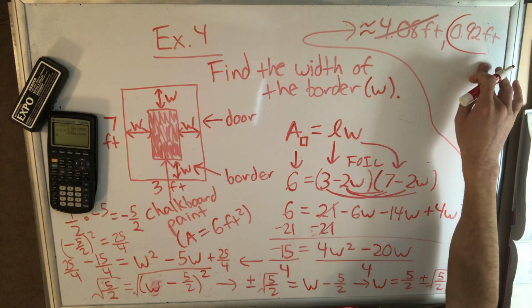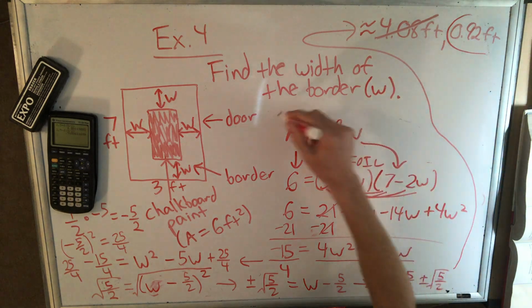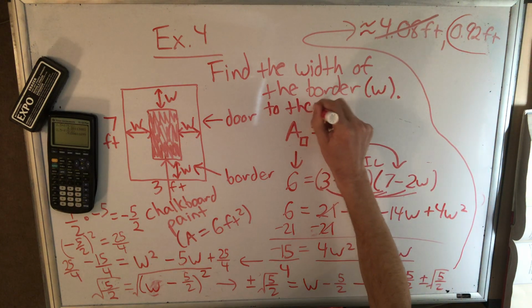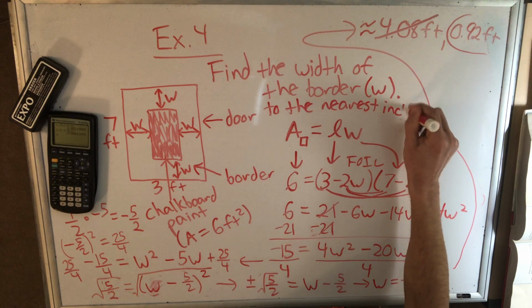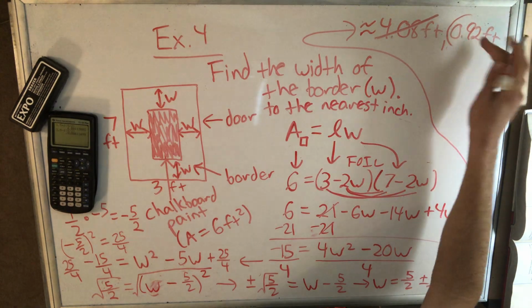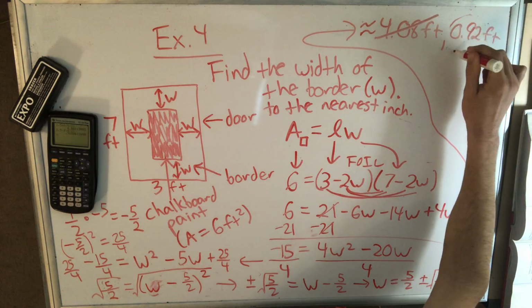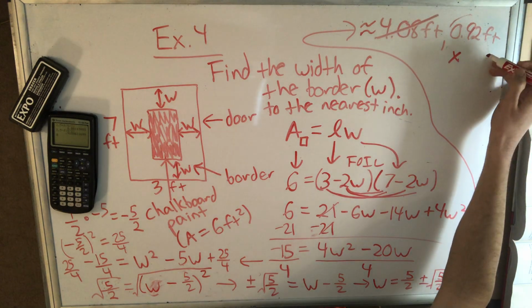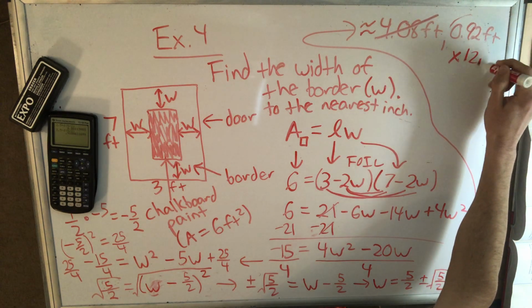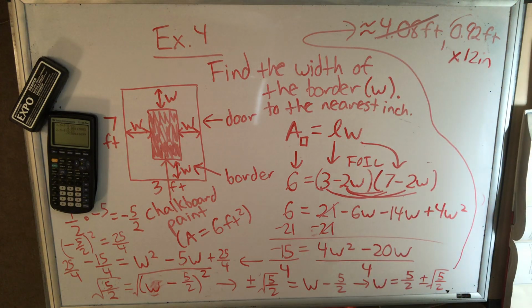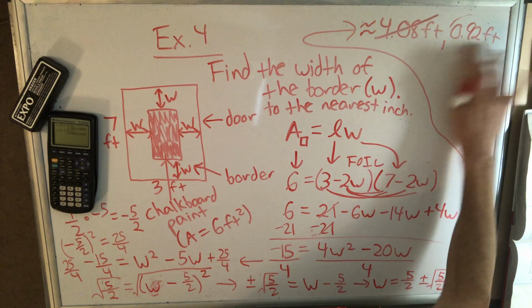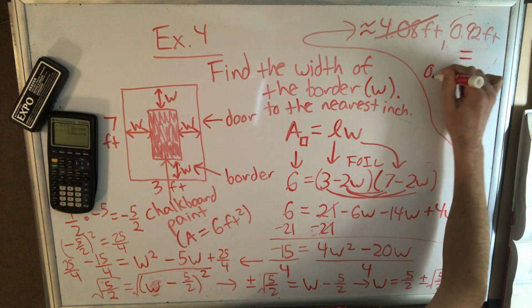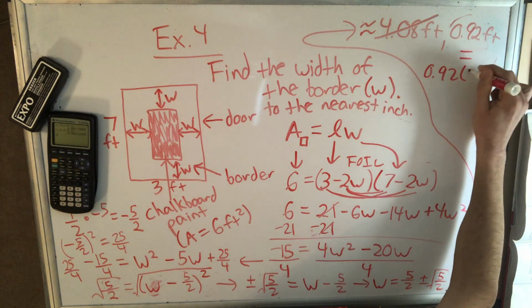And it wants the width of the border to the nearest inch. I forgot to include that. So 0.92 feet. Converting that to inches, you multiply by 12, since there's 12 inches in 1 foot. Or think of it this way, replace feet with 12 inches.